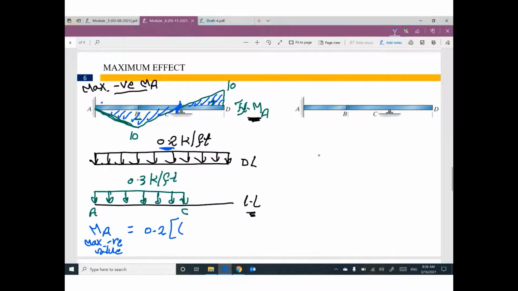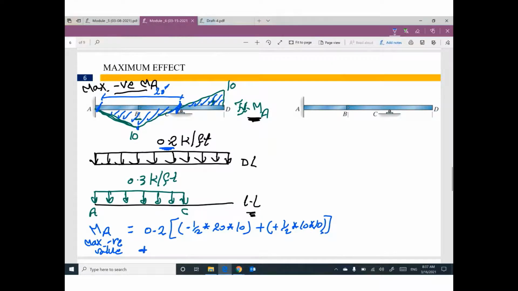So this area will be negative 1/2 times 20 times 10. 20 is this distance, 10 is this one, 1/2 because it's a triangle, plus the other area, positive 1/2 times 10 times 10.